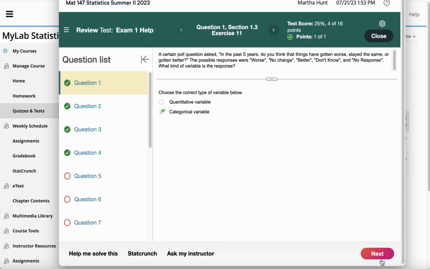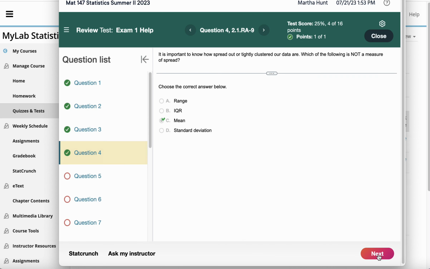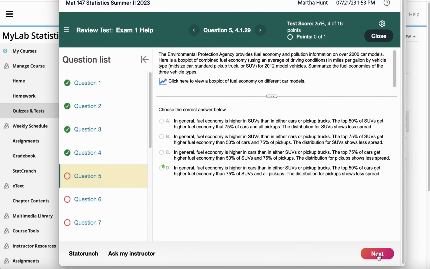And nothing happens here because I got it correct, got it correct, got it correct, got it correct. I didn't even try this one. When I get back to it, I could read the stem of the problem and look at the box plot.